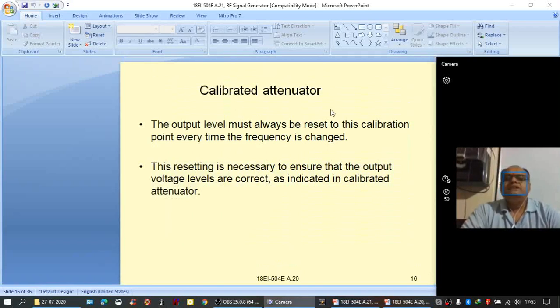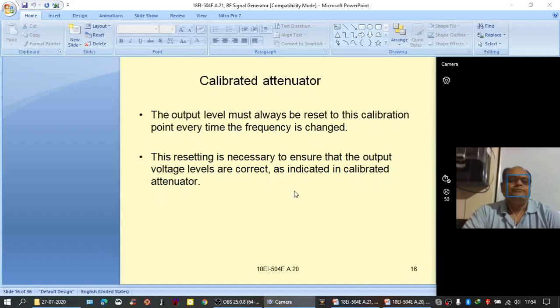Then calibrated attenuator. The output level must always be reset to this calibration point every time the frequency is changed. This resetting is necessary to ensure that the output voltage levels are correct as indicated in the calibrated attenuator.